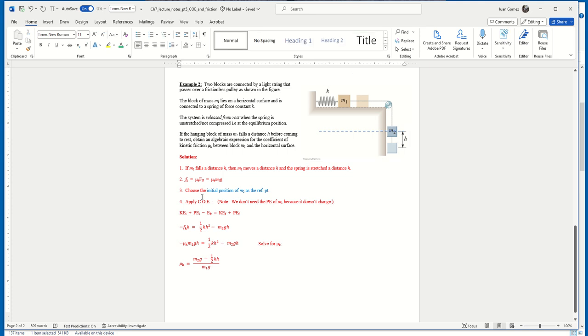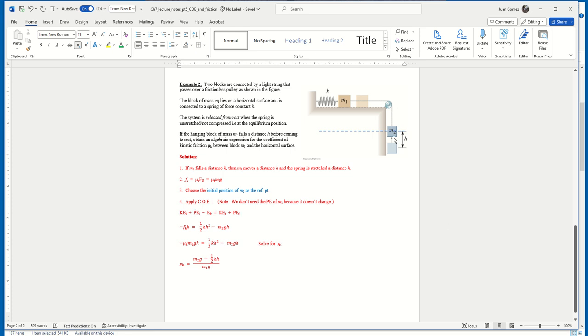Okay, apply conservation of energy. And again, I'm writing the whole equation: KEI plus PEI minus EFR equals KEF plus PEF. Well, we know KEI and KEF are 0, so ignore them. What is PEI?